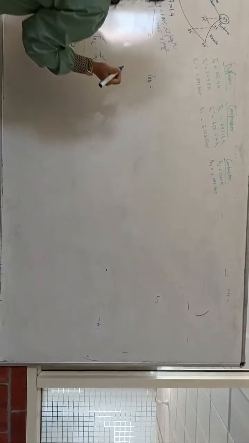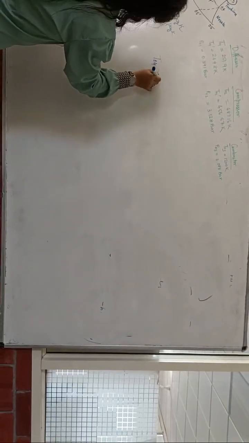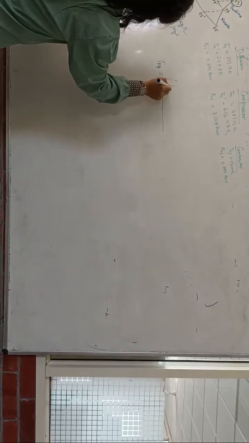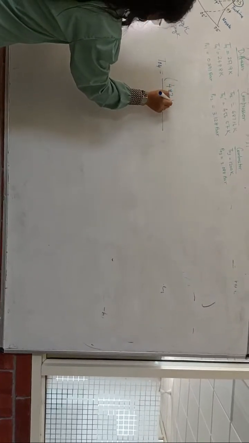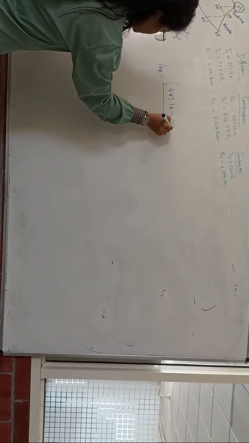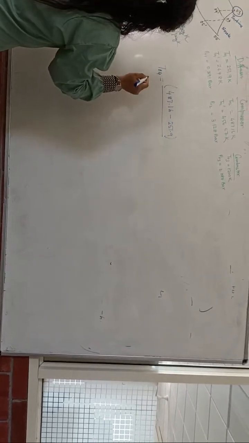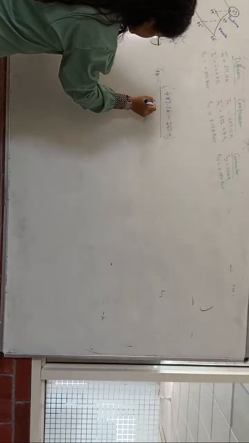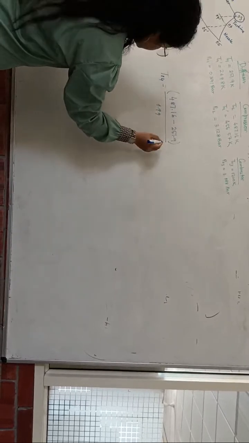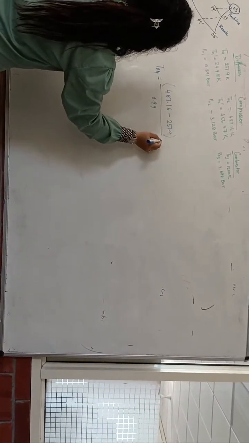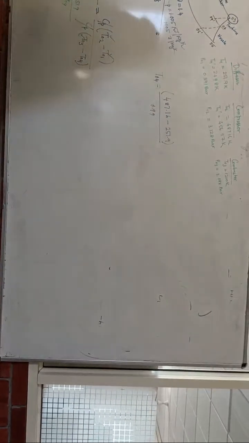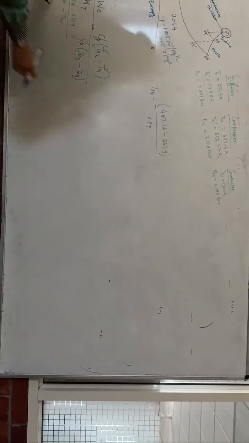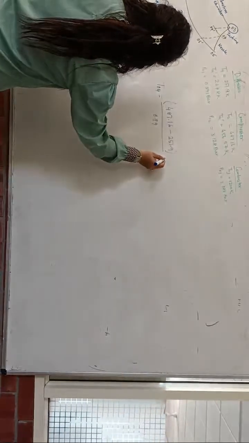Can I find the unknown T04 from here? The difference between 487.16 minus 251.9, and then we have 0.99, then we have, now, it's minus.